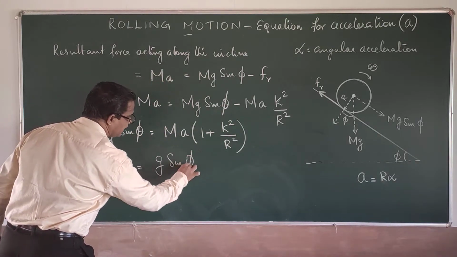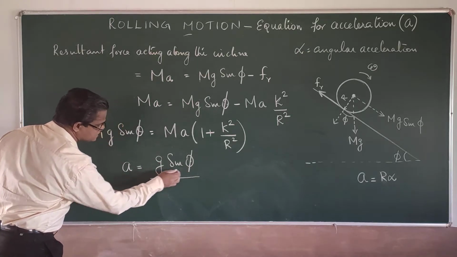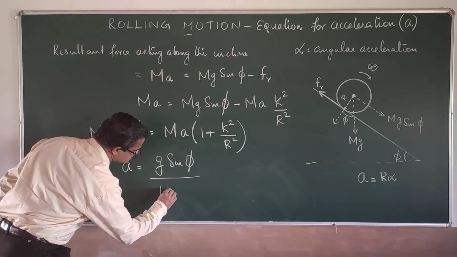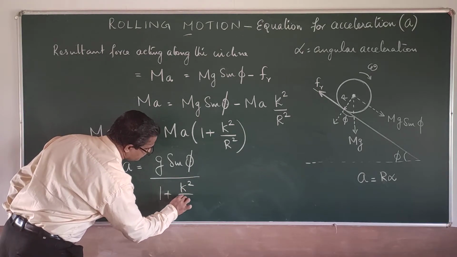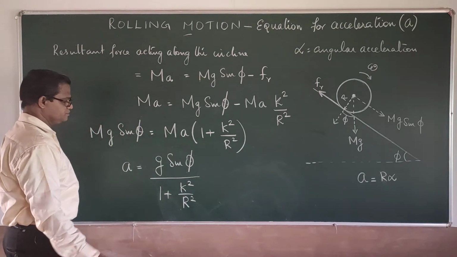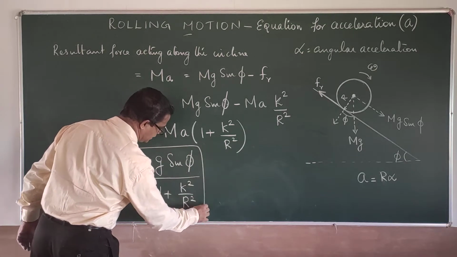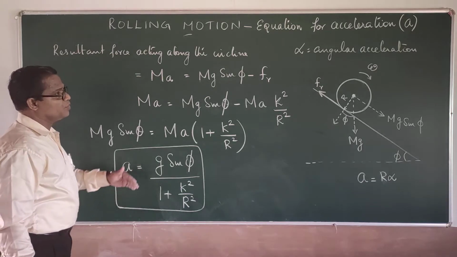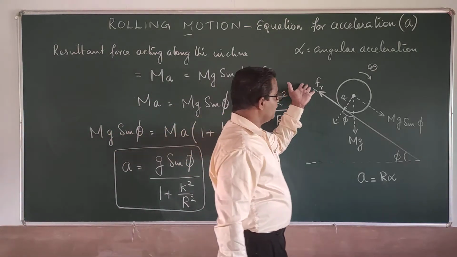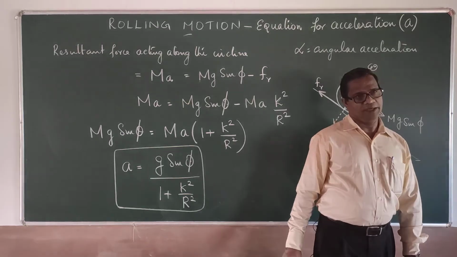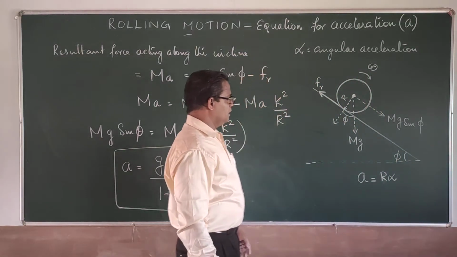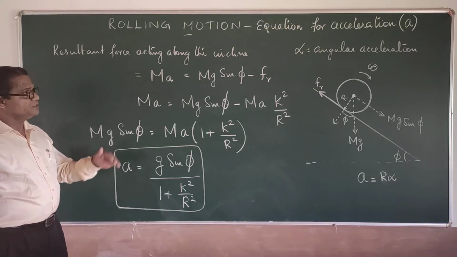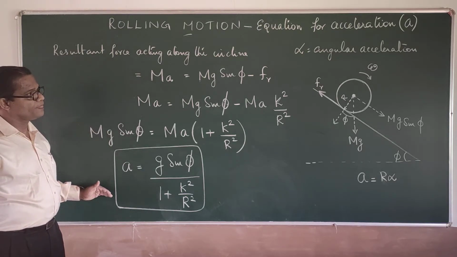So a equals g sin phi divided by 1 plus k square by R square. So this is the equation for linear acceleration for the body which is rolling on an inclined plane, without slipping. So this case we understood.